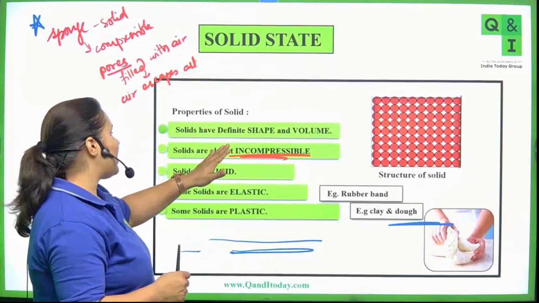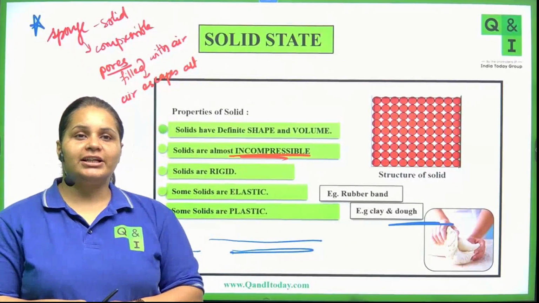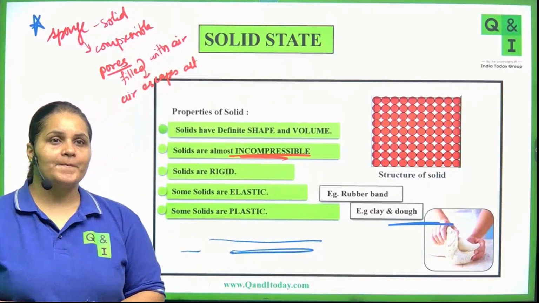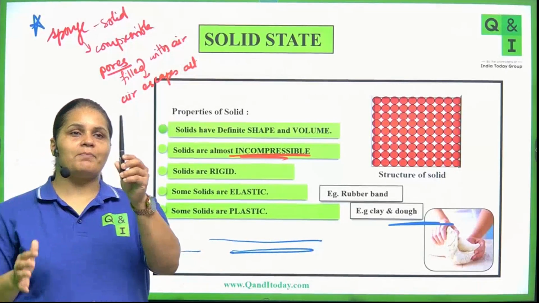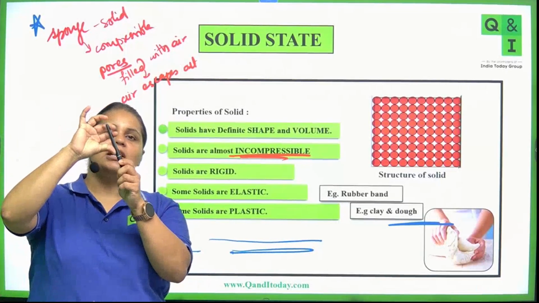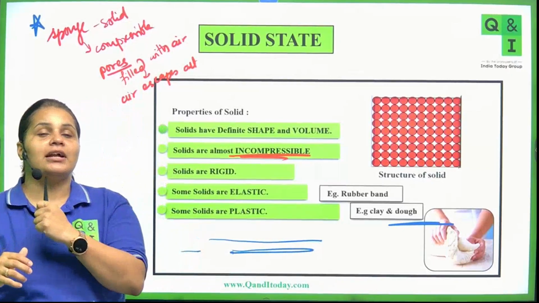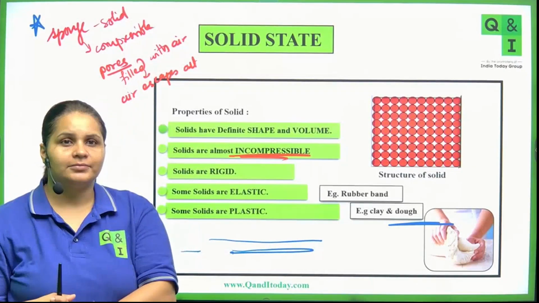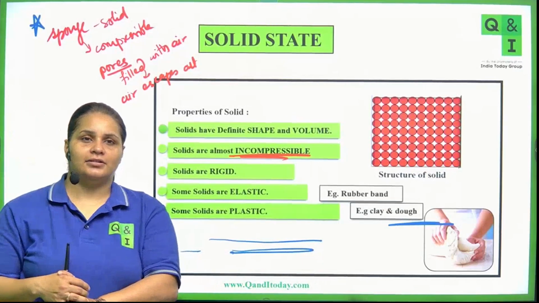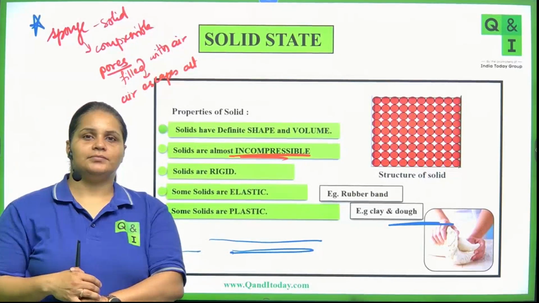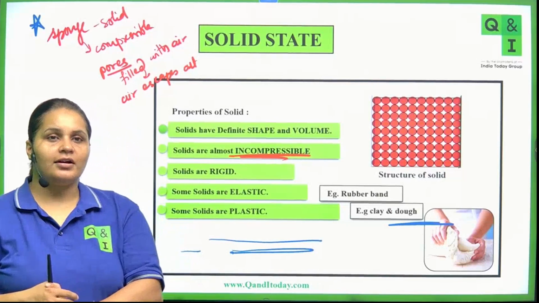But solids are incompressible. What is rigidity? I'll give you one example. I have a pen. If I apply force on it, it is not changing its shape. It's rigid. So how will you define rigidity? Yes, Hannah. Come on, you can unmute yourself.